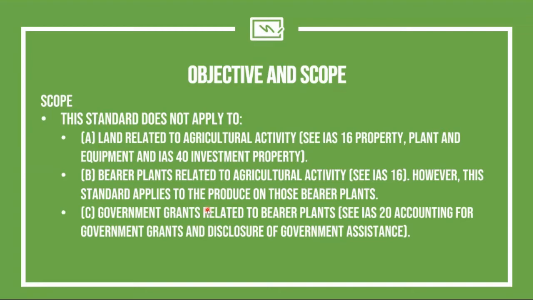Letter C, the standard will not apply to government grants related to bearer plants because, of course, these will become part of IAS 20 and IAS 16. Okay? So that's basically how it works.